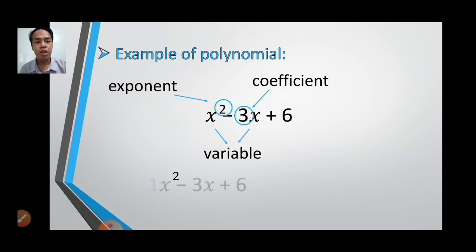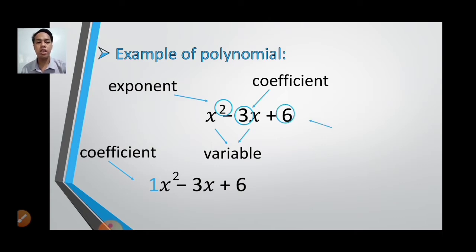Of course, in the given x squared minus 3x plus 6, the first term, x squared, has a 1 there, which is invisible. 1 is also the coefficient of the variable x squared. Next, 6 is what we call the constant term, or constant, meaning a whole number. There is no variable, only the whole number. That is what we call the constant.